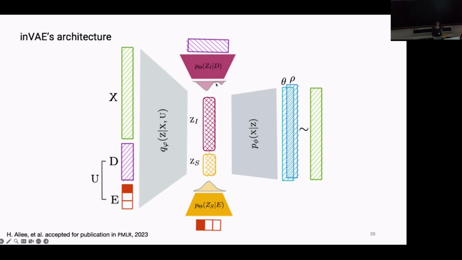This prior distribution is very helpful because, at the end, for each of your samples, you learn a distribution, which is sometimes helpful too. Then we have a decoder that uses both Zi and Zs to learn the parameters of a negative binomial distribution, which we assume the single-cell data has been generated from, and then we can sample from this to reconstruct our input data.